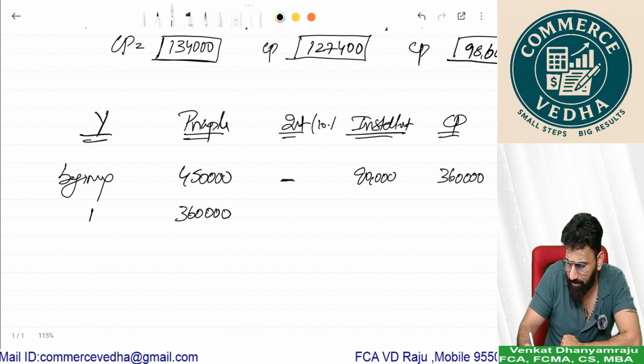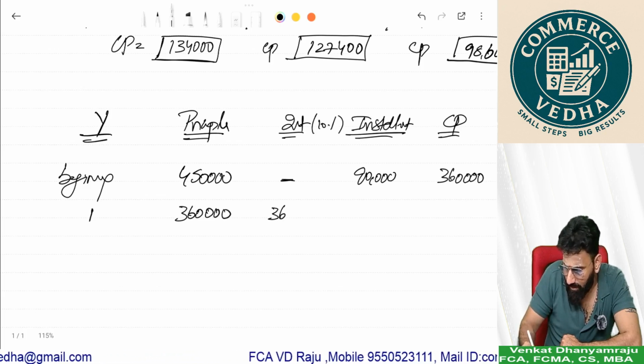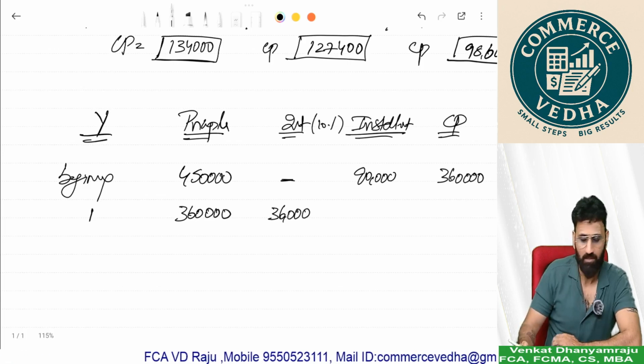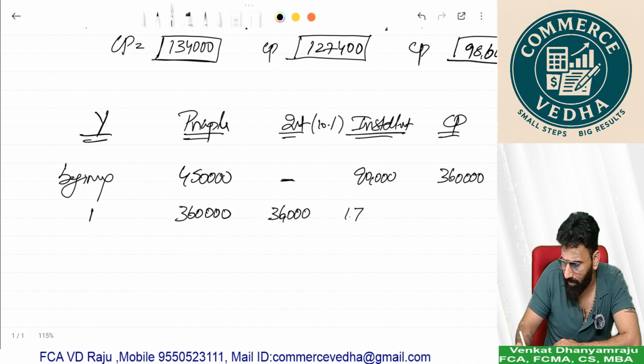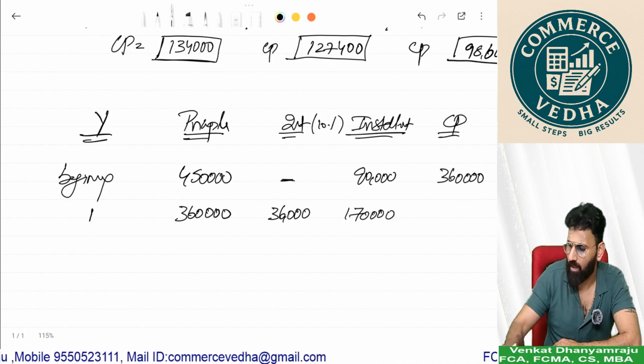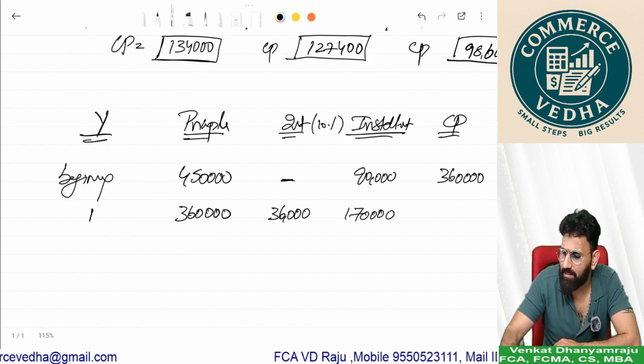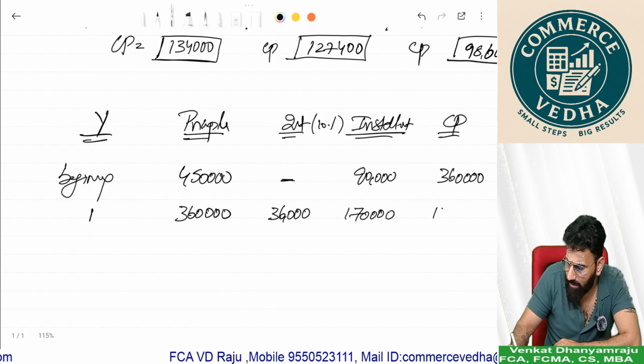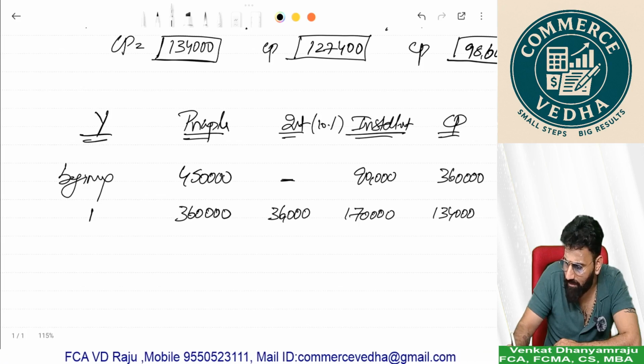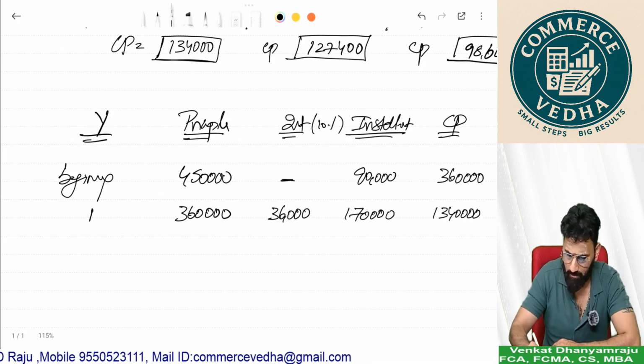Interest 10%, 36,000. Installment paid is 1,70,000. So 1,70,000 minus 36,000 you paid 1,34,000 as cash price.